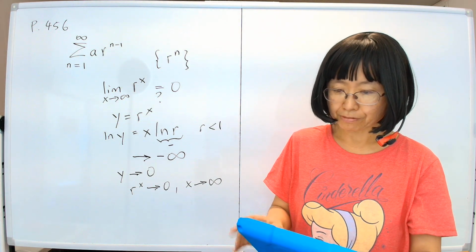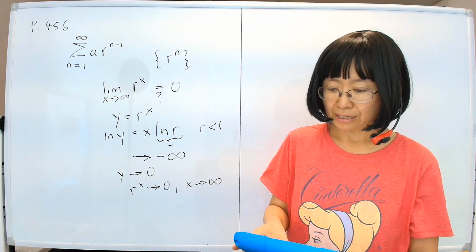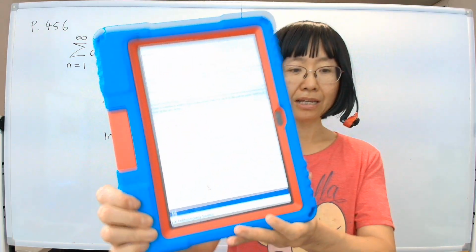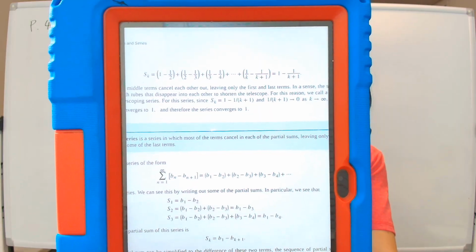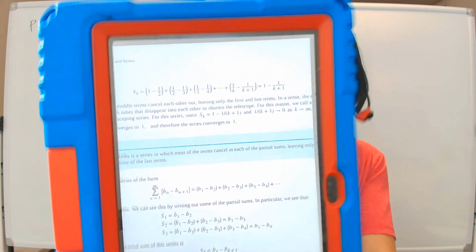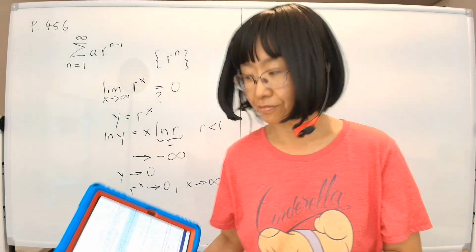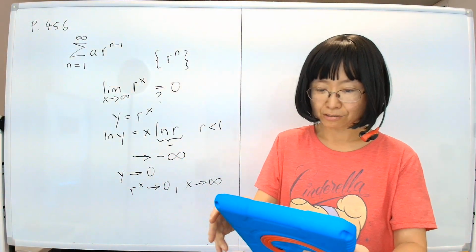You can then prove very easily that S of k in general is just 1 minus 1 over k plus 1, on the next page. Now, if that is the case, S_k ends up being 1 minus 1 over k plus 1, and therefore, as k goes to infinity, S of k will converge to 1, and that is the answer to that solution.